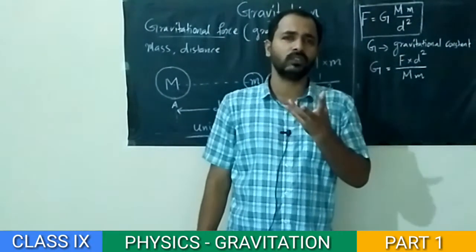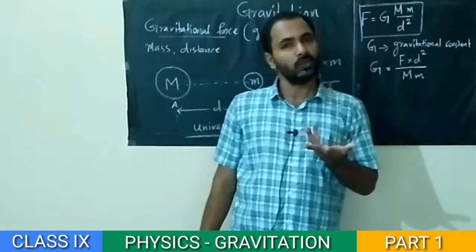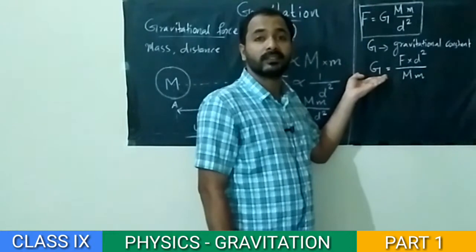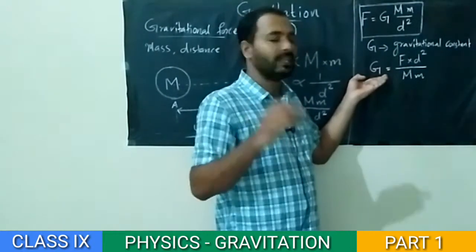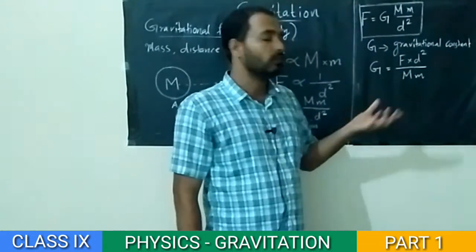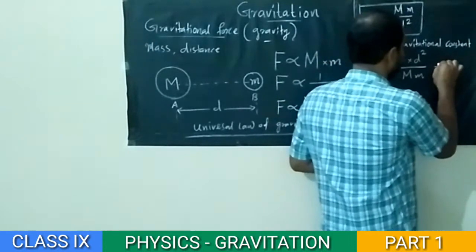So what is the unit of gravitational constant? What is the unit of gravitational force? The unit of gravitational force is Newton. Then what is the unit of gravitational constant? We can derive that unit from this equation. What is the unit of F? Newton.